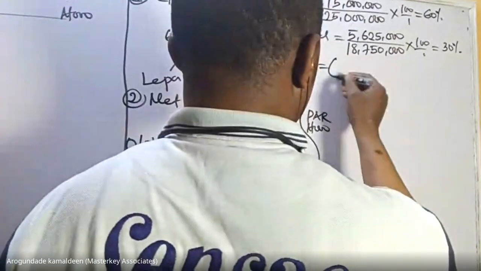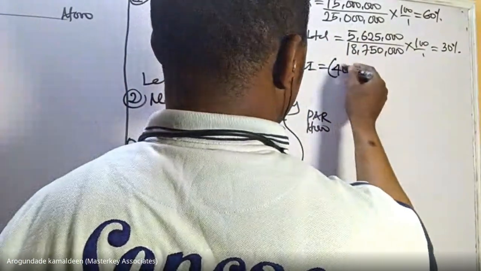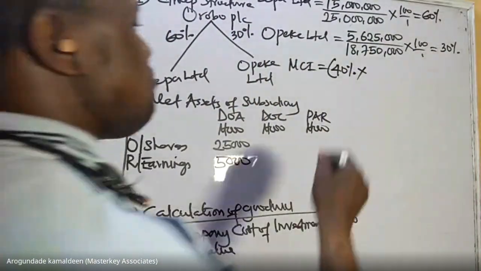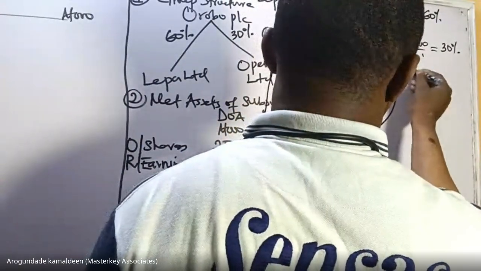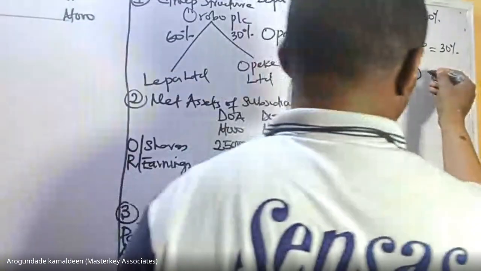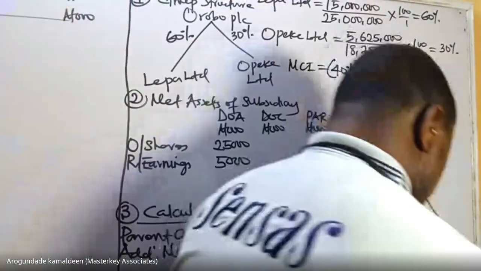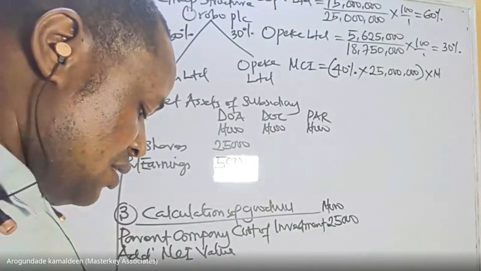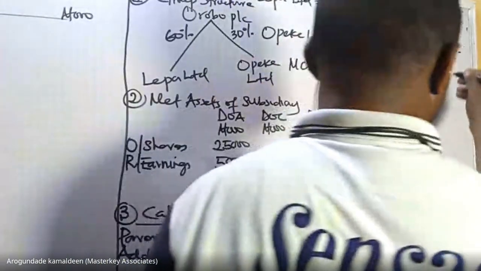Since Honorable bought 60%, we have 40% for the NCI, and the subsidiary has 25 million shares. Once you get that, times the share price, the fair value of the subsidiary shares, that's how much? 1 naira 60 kobo. Is that clear?